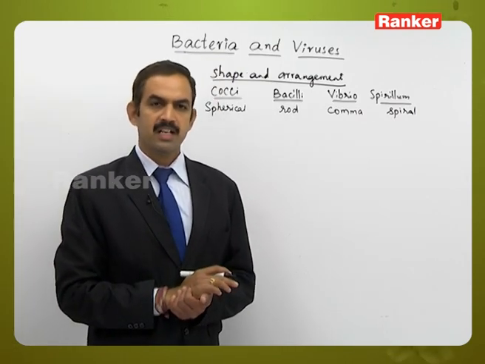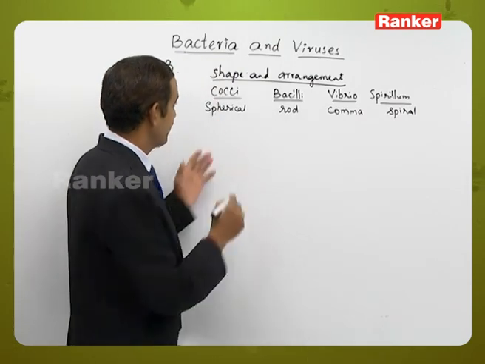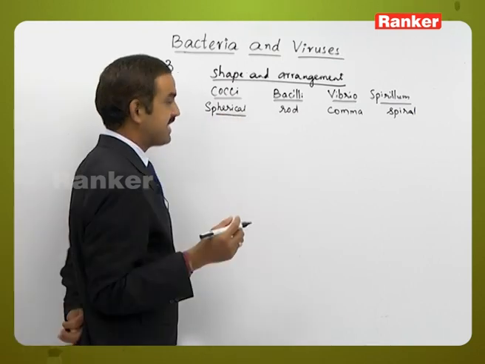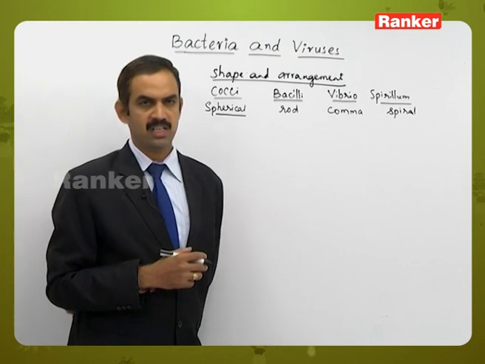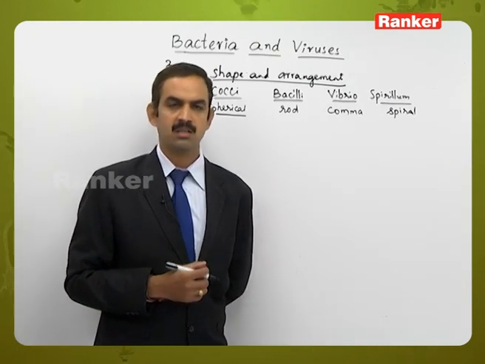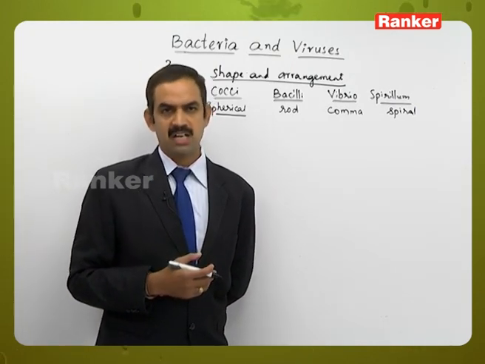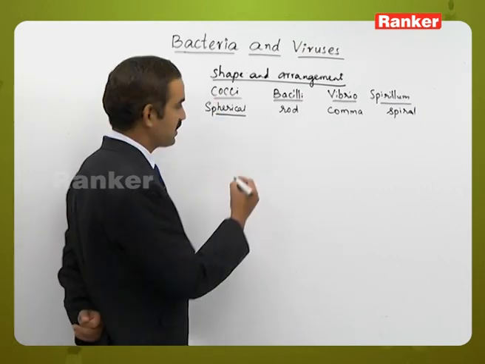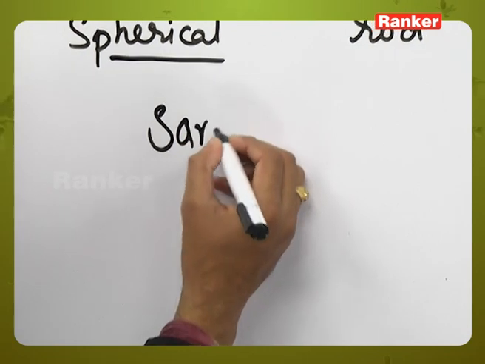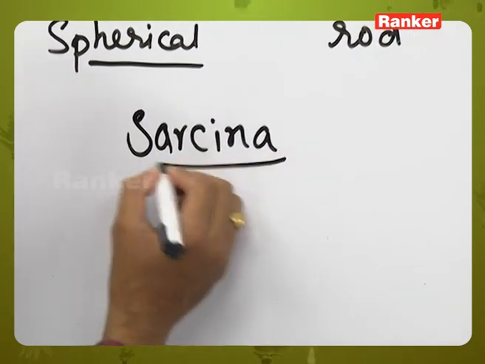So when you come to cocci, depending upon the number of spherical shaped bacteria, there are different types like monococcus, diplococcus, tetracoccus, staphylococcus, streptococcus, and along with that there is one more called Sarcina.